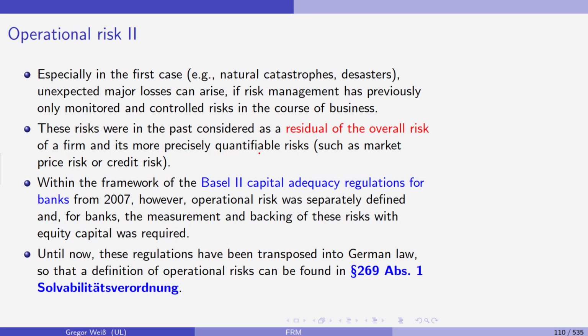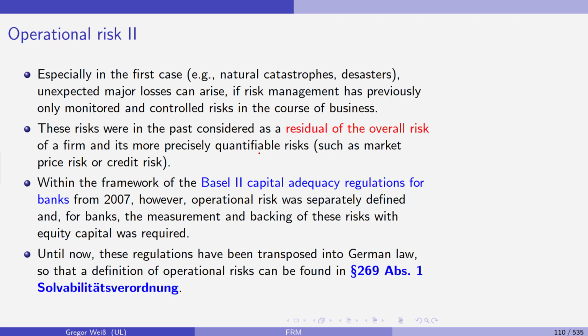And especially in the first case, exogenous events, natural catastrophes, disasters, unexpected major losses can arise and even cause a financial institution to go bankrupt, even though financial institutions offer financial services and not really physical products.